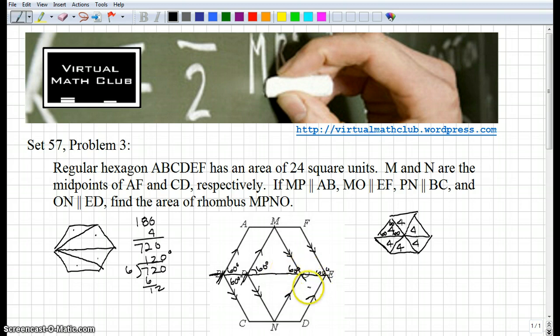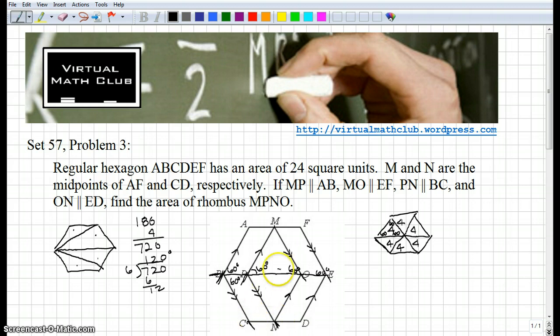You see that? And we can do the same thing over here with these two parallel lines and the transversal.